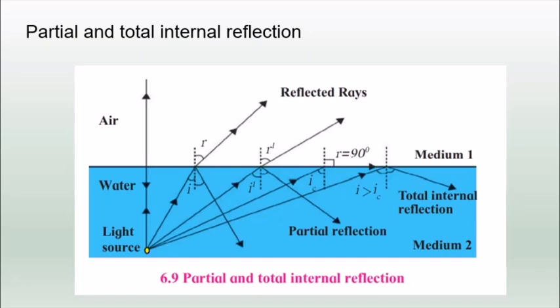You can see that all the light gets reflected back into the denser medium, and this is called total internal reflection. So from this you can determine the critical angle and total internal reflection.